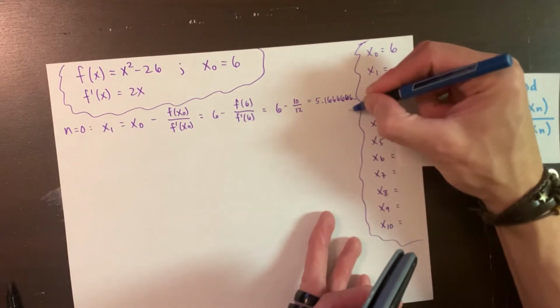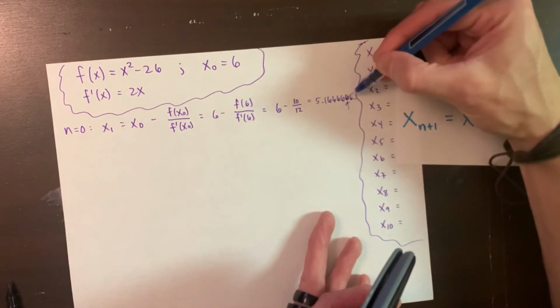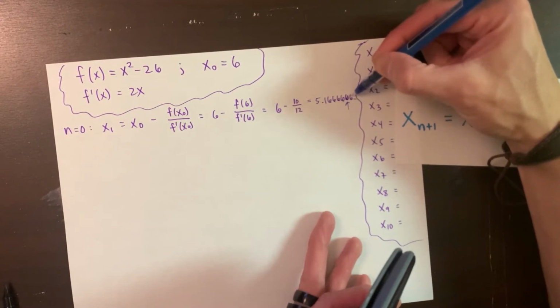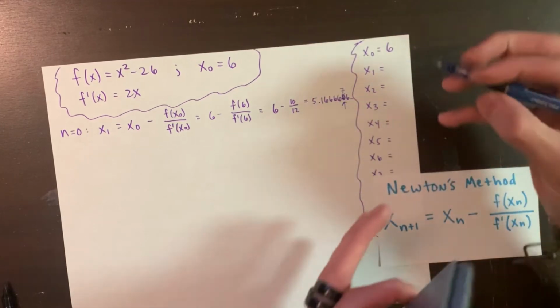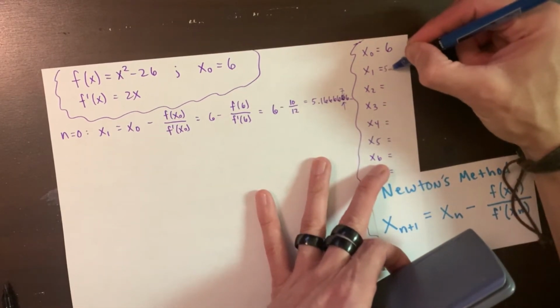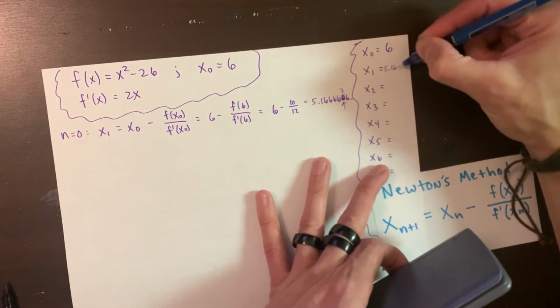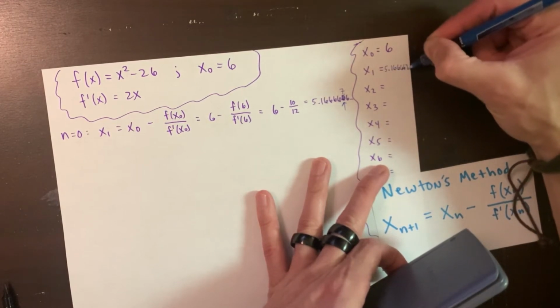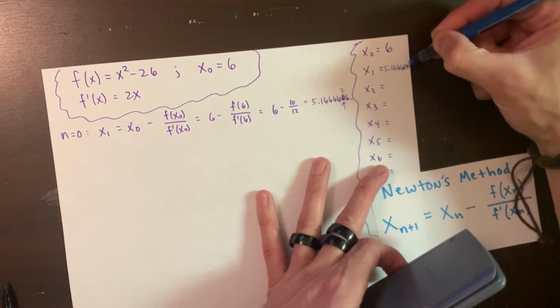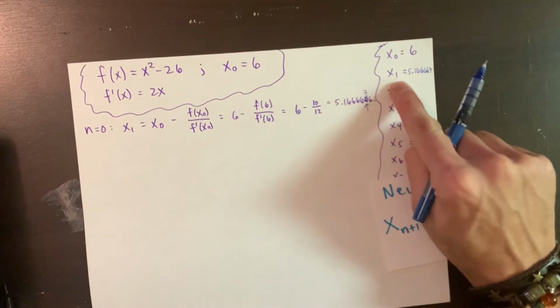I am going to round this digit. I look after it and I see a digit that's 5 or bigger, so this one becomes a 7. So in my answer key, I have 5.166, and then 2 more 6's, and then a 7. So this is now the value of x1.